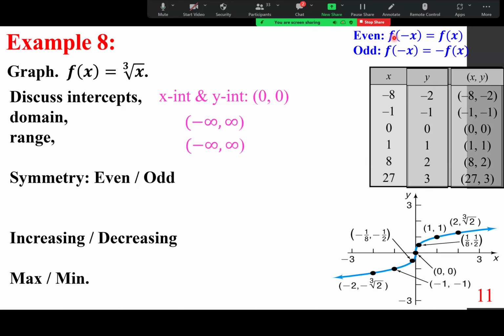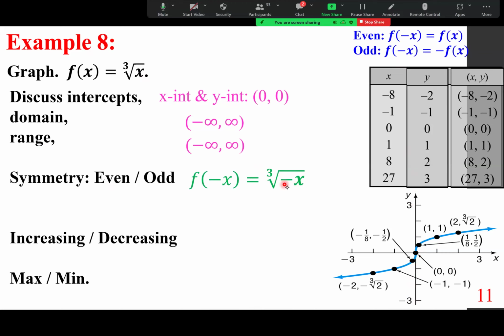To answer this question, we look at f of minus x. So what is f of minus x? Replace the x with negative x. As you recall, because it's an odd index, if the number is positive, the answer is positive. If it's negative, the answer is negative.